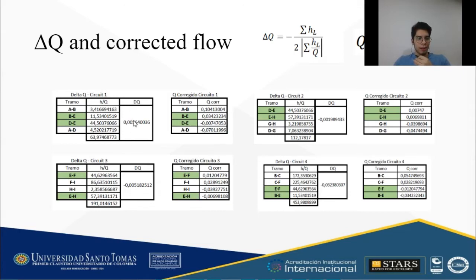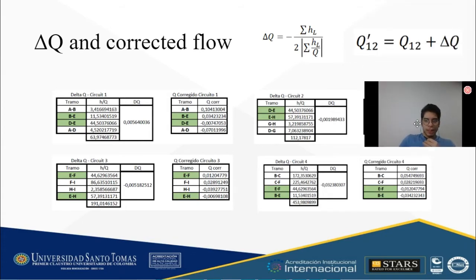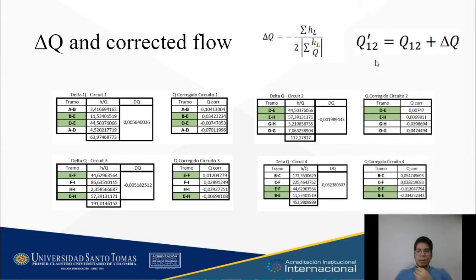We calculate delta flow, which is like a differential, with this equation for the Hardy Cross method, and we calculate delta Q and a corrected flow for each circuit, as we can see in the images.